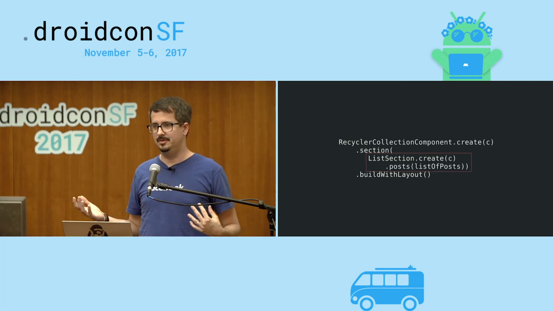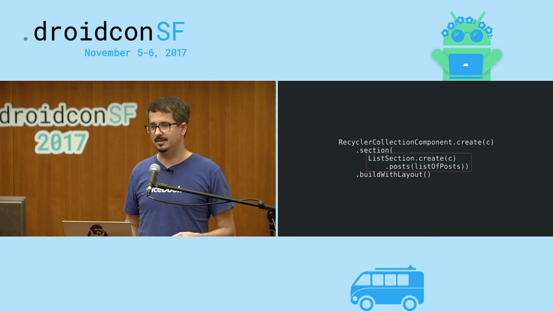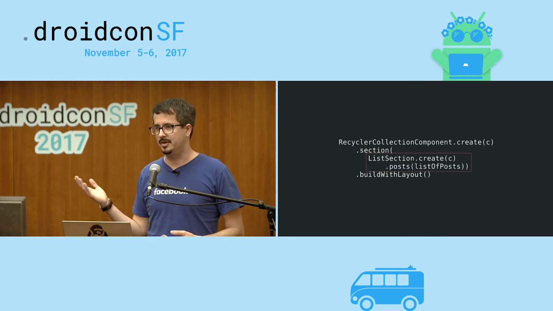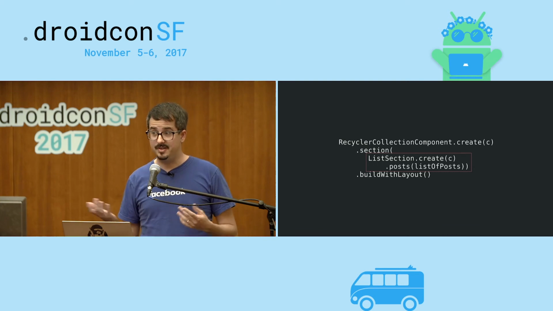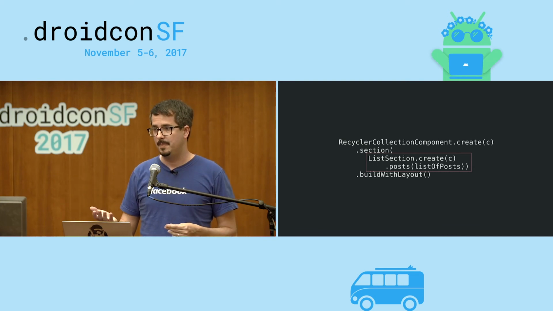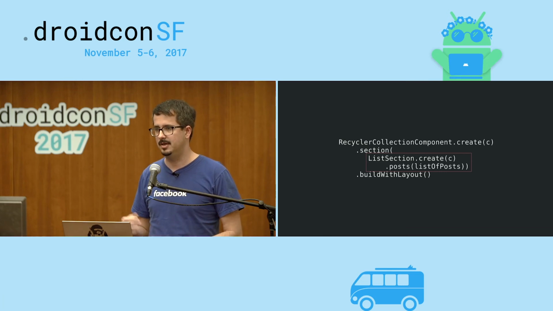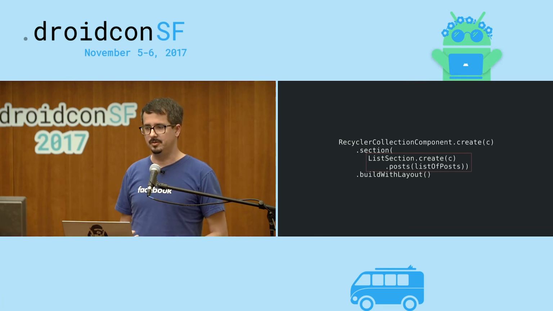Every time your list of data models changes, you just provide the list again, and it will do the minimum amount of work on the adapter level, so all the notify calls are the minimum amount of work. It's very similar conceptually to what the guys at Google are doing with the paging APIs. It's just that the programming model is a bit different.